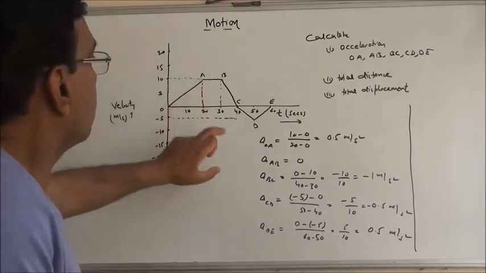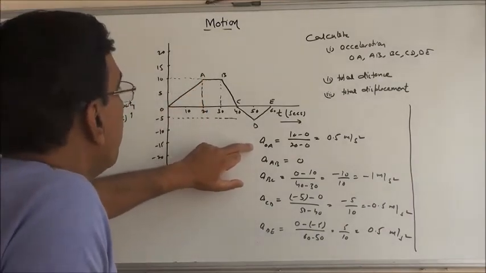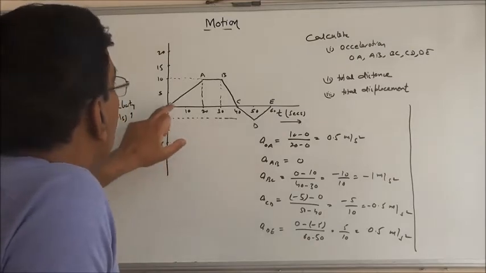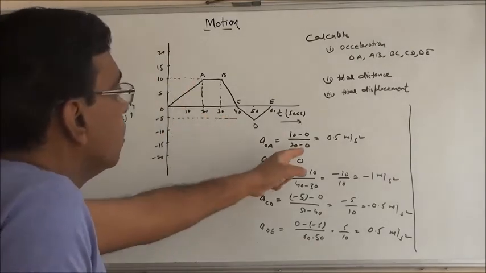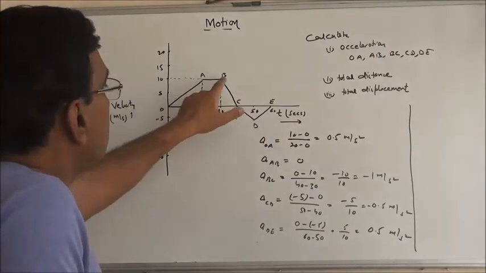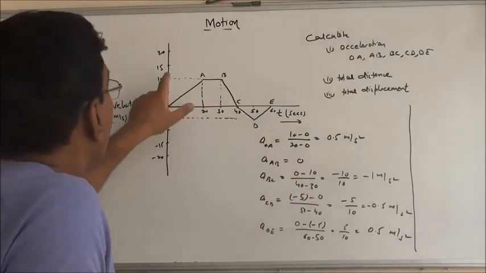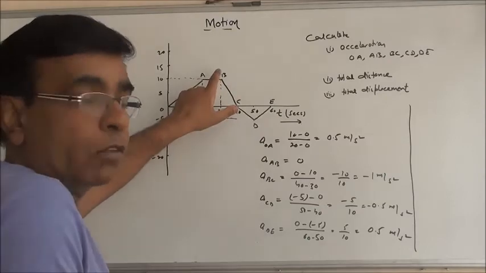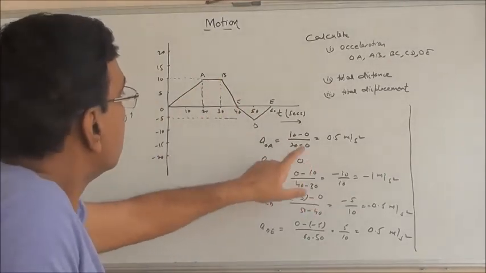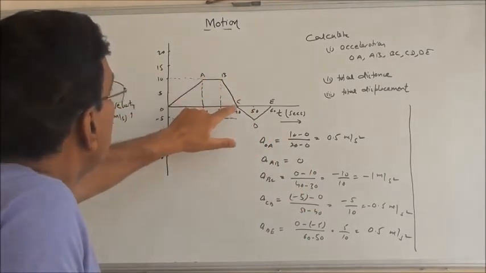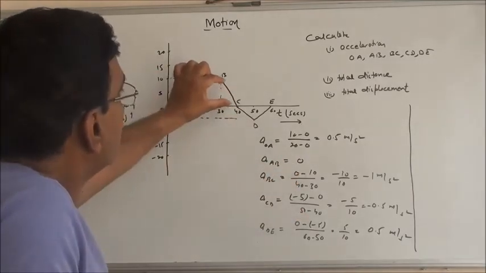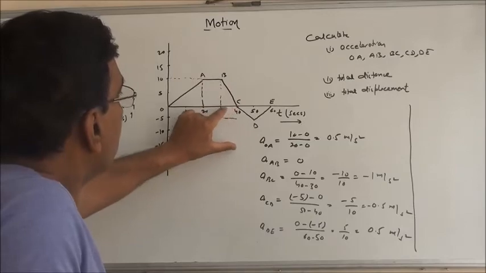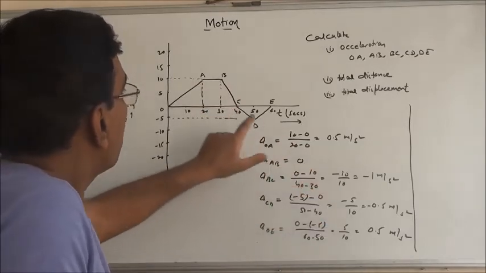O to A is 0.5, because 10 minus 0 and then 20 minus 0. A to B, sorry, the velocity is not changing, it is moving with constant velocity, so acceleration is 0. Then B to C, 0 minus 10 and the time is 10.